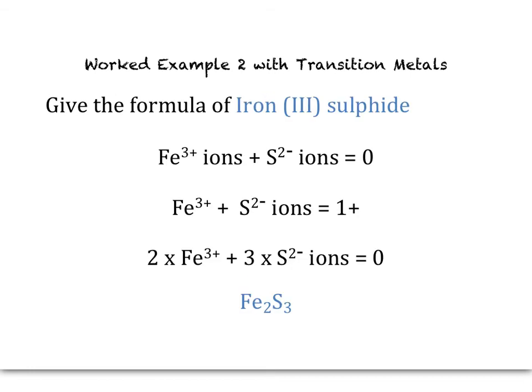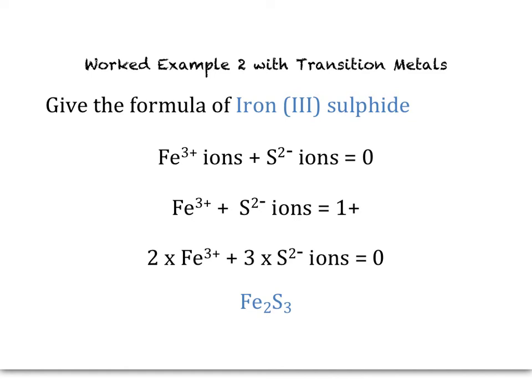Here is another example. Give the formula of iron 3 sulfide. This time we know the name of the compound and need to work out its formula. We are told that it is the iron 3 plus ion from the name iron 3, and we can work out that sulfur is the S2 minus ion.